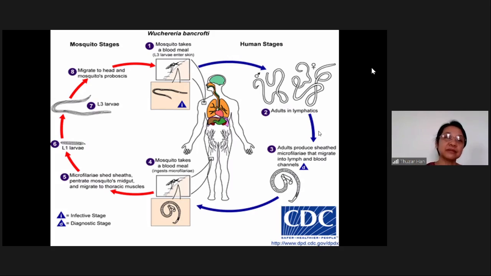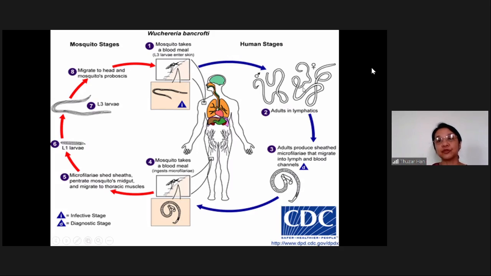After L3, they migrate to the mosquito proboscis. This component is known as the proboscis. So they live in the proboscis. When the infected mosquito bites a human, these larvae break out of the proboscis and are deposited on the skin. So that is the life cycle.